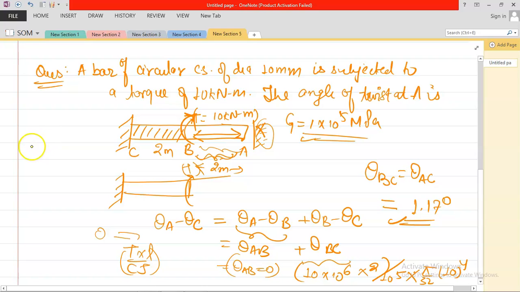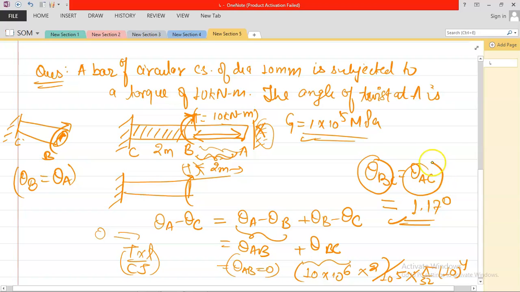What is the meaning of that? Suppose this is your body, this is your C, this is your B. Now B will twist and A will follow the same angle of twist that B has. So the main concept is theta B should be equal to theta A. That is what I have written. Theta BC should be equal to theta AC, because no couple is acting in between, hence no change in angle of twist. I hope now you got it.